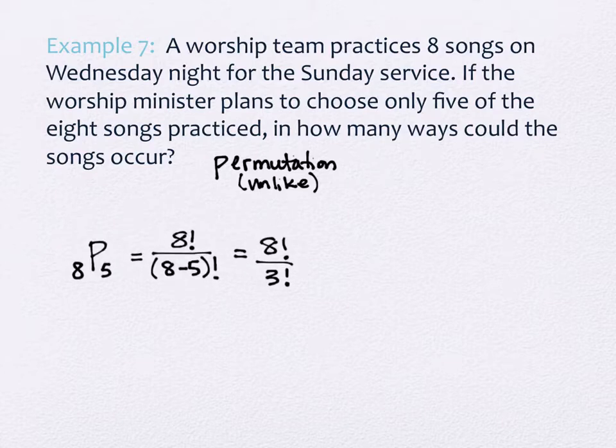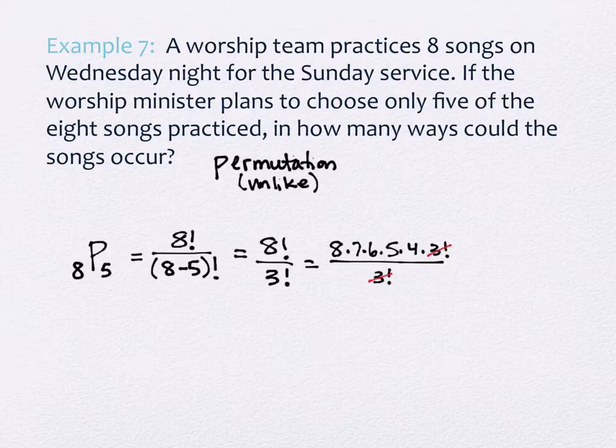Now, we talked about this last time. We could literally write out all the 8 down to 1, 3 down to 1. But we can also shortcut it and just write down 8, 7, 6, 5, 4, and then stop at the 3 factorial. If it matches identical to the bottom, it can cancel. And the reason it can is because I would write out 3 times 2 times 1, 3 times 2 times 1, they'd all cancel out.